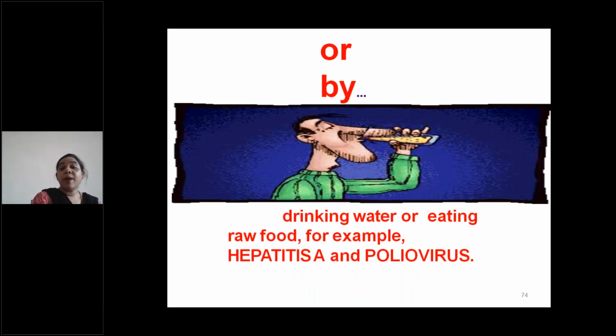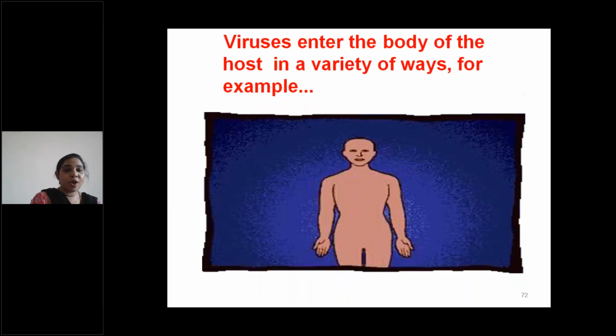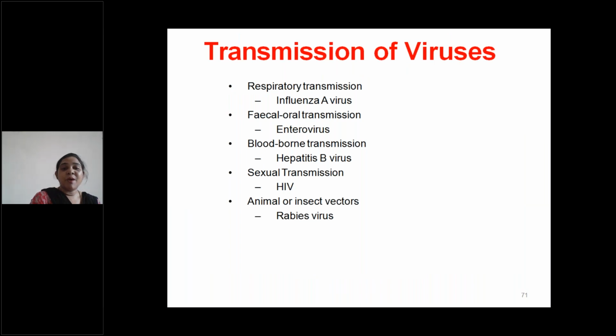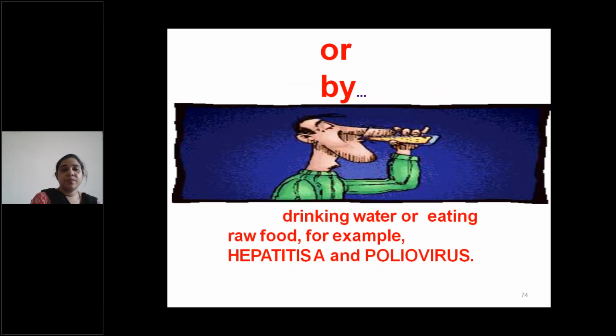Next one. By drinking water or eating raw food, for example, hepatitis A virus and poliovirus. What type of transmission is poliovirus? Fecal-oral transmission. Poliovirus belongs to enteroviruses.